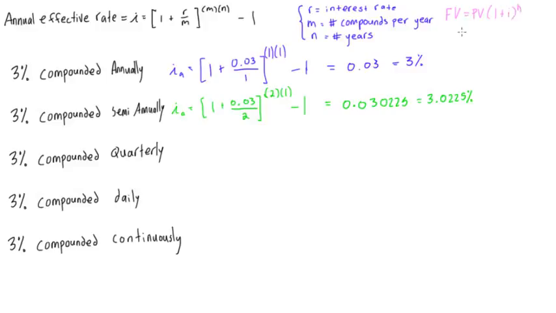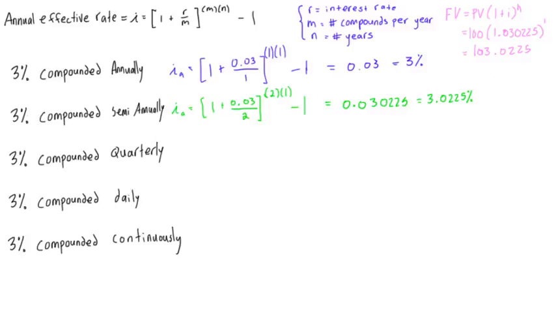Let's say that we invest $100 at this 3.0225%, so that would be 1.030225 raised to the power of 1, since we're just investing for 1 year. You're going to see that this gives us $103.02.